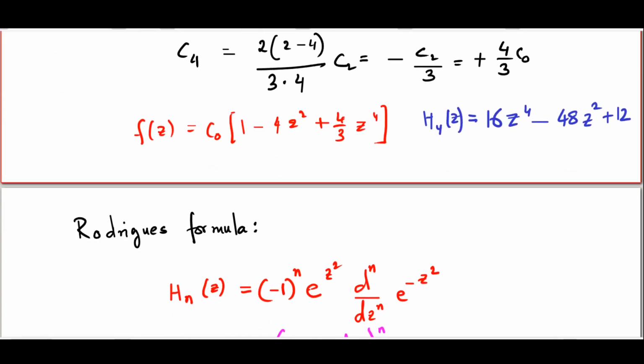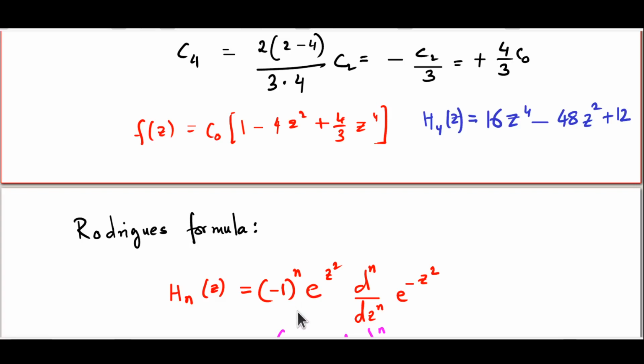For the Hermite polynomials, the Rodrigues formula happens to be given by this. The nth order Hermite polynomial Hn(z) is simply what you get if you differentiate the function e to the minus z² n times with respect to z, then multiply this by e to the z² and put in a factor of (-1)ⁿ.